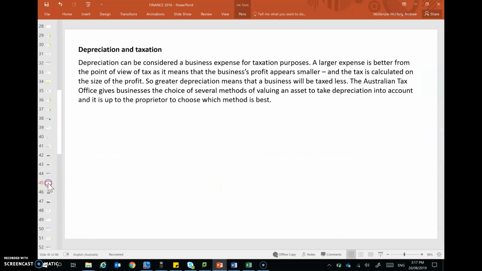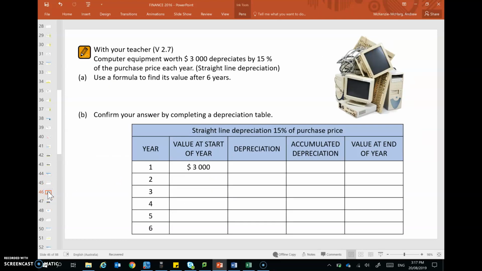Now we're going to go straight into a big example here where I can demonstrate both straight line and reducing balance depreciation equations in one video. So, computer equipment worth $3,000. We're going to first depreciate this by the straight line method.